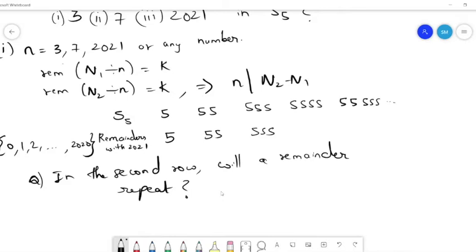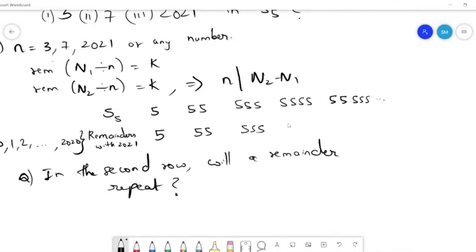Why is that? That's a tough question. Okay. It will take some time. So one way to see it is by taking some small examples. Instead of taking 5, 55, 555, and so on, we can take 1, 10, 100, 1000, 10,000, a familiar sequence, and then take the remainder with 7 and see what happens there.